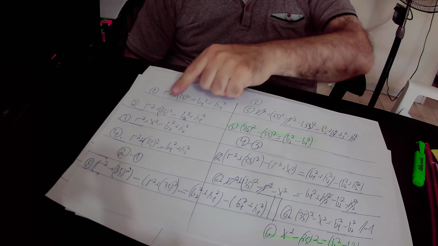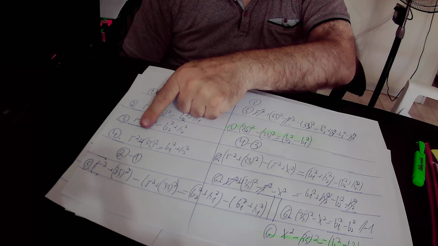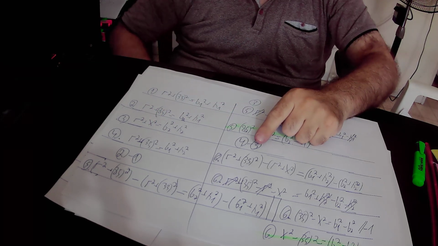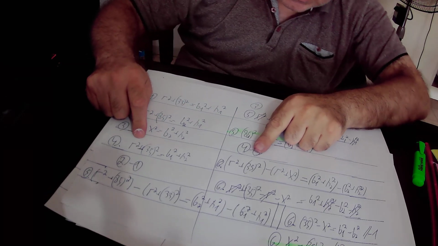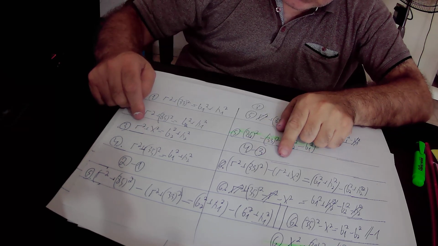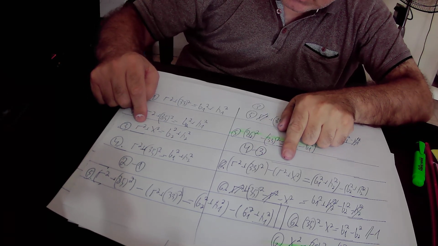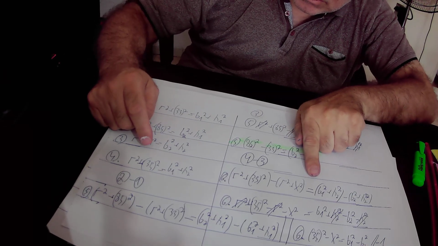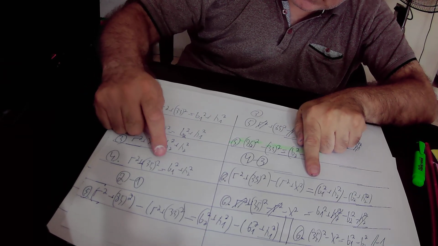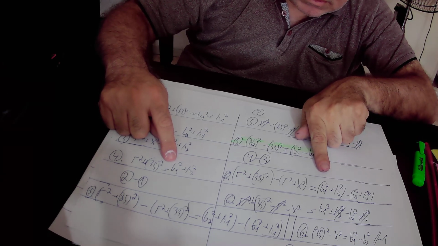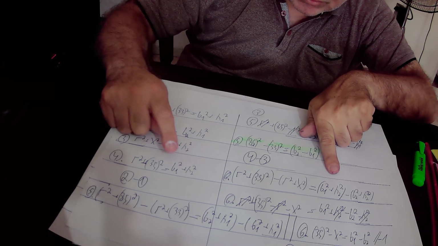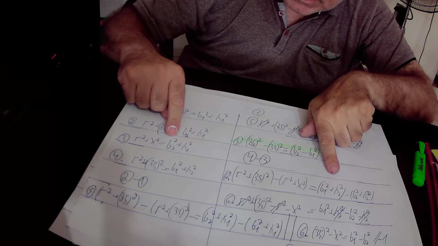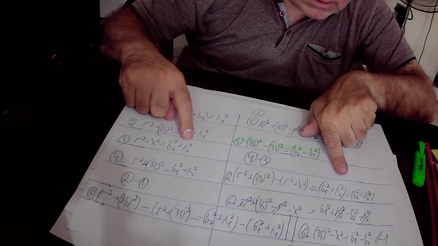Then we subtracted equation number 3 from equation number 4. In equation number 4, we have R square plus 35 square, minus equation number 3, we have R square plus X square. Then on this side of equation number 4, we have B1 square plus H2 square, minus this side of equation number 3, that is B2 square plus H2 square.